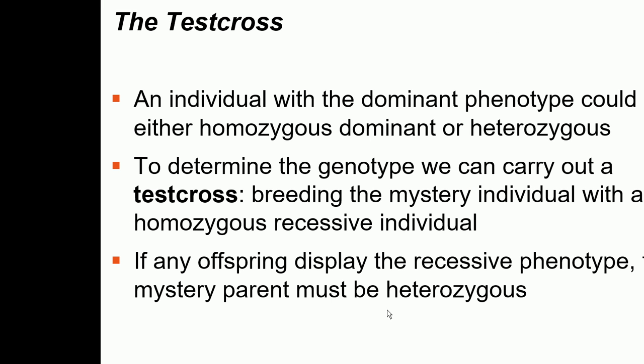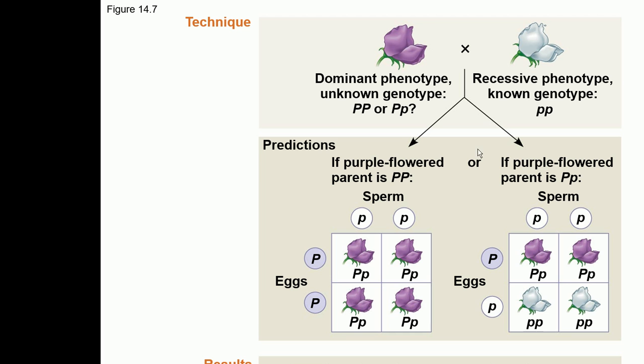Okay, here is a test cross. Basically, a test cross is a cross by which you can know if the plant is heterozygous or pure. Suppose you have a plant with purple flowers, and the flowers are purple.